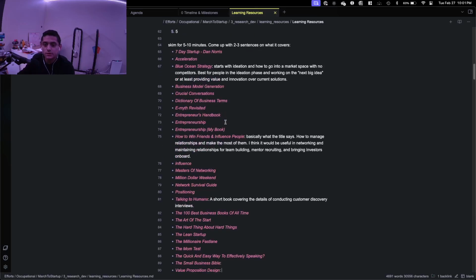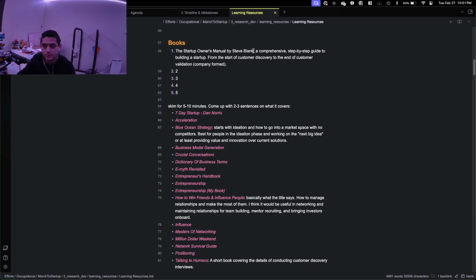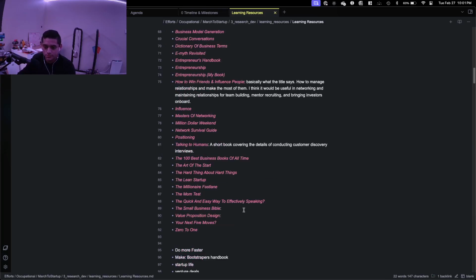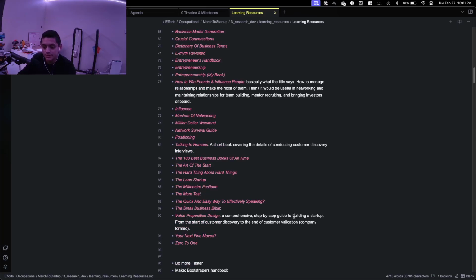So this one, let's see, what did we say about books? A comprehensive step-by-step guide to designing a value proposition of a startup.